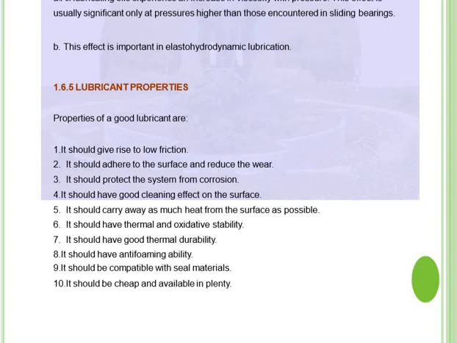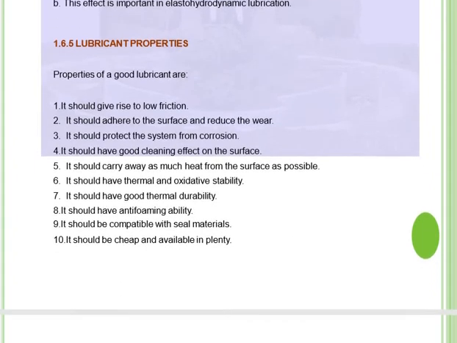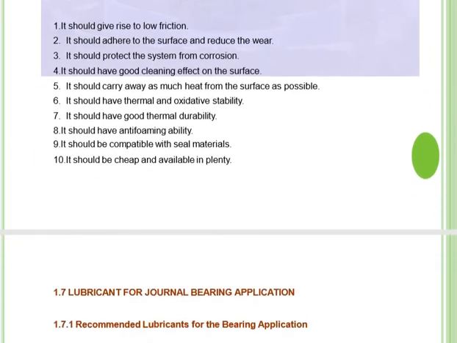We are already discussing it. So a good cleaning effect will be there whenever we apply lubrication. These are the properties. It should carry away as much heat from the surface as possible. It should have thermal and oxidative stability, good thermal durability, anti-foaming ability, and should be compatible with sealing materials. So it should be cheap and available in plenty, no problem.